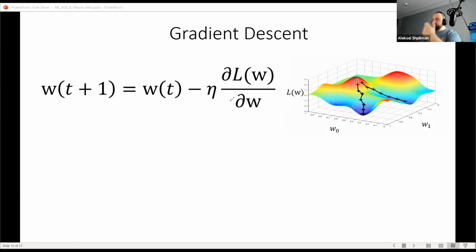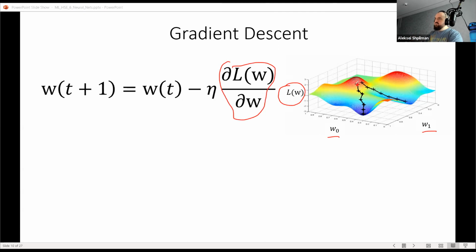But just to reiterate, here, for example, we have a two-component vector W that we want to optimize, and we want the loss function to be as low as possible. So we can start from some random point, then calculate a gradient of the loss function over W, and then go.